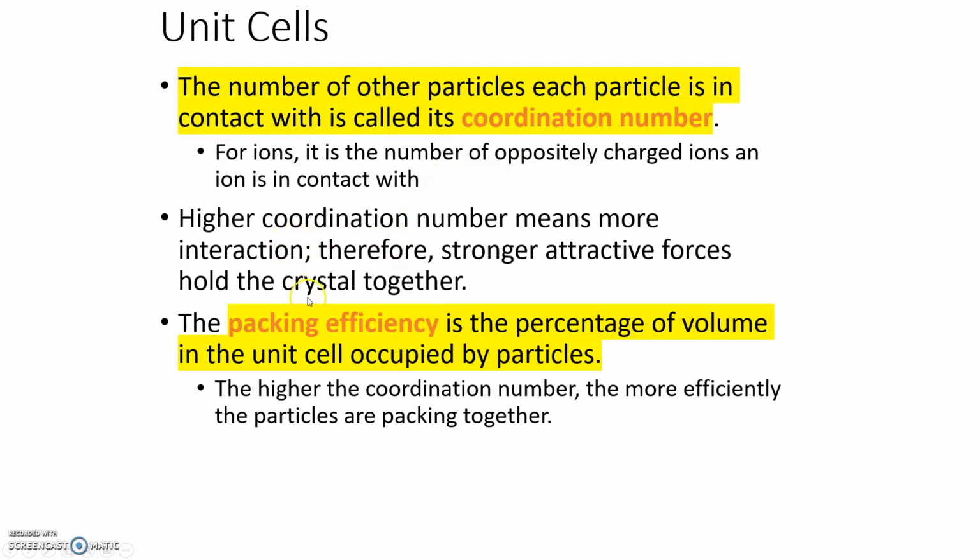The coordination number reflects the packing efficiency. If the percentage of the volume in the unit cell occupied by particles is very high, then the packing is more efficient. In other words, the space in the cell is mostly occupied.